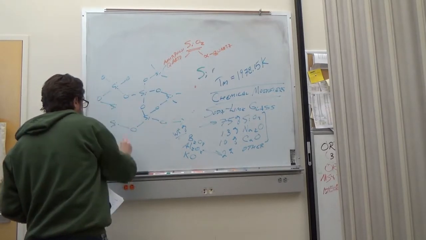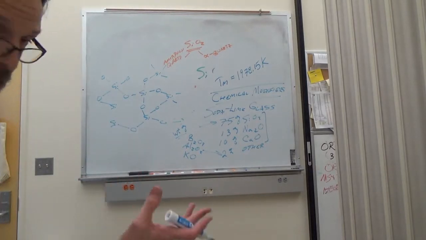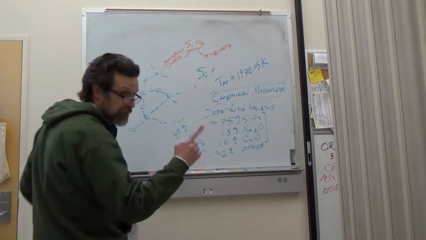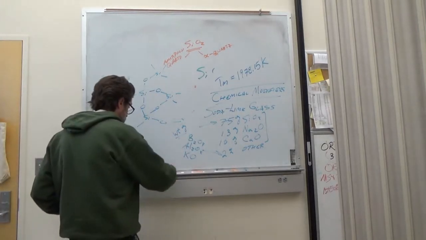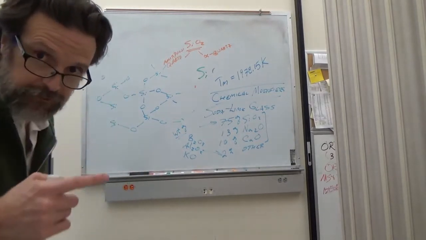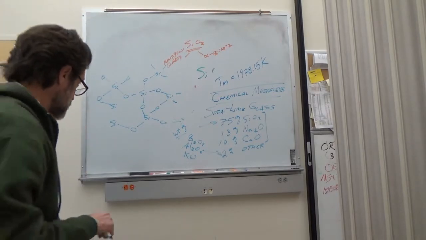What we can have is sodium coming in, and sodium has one valence electron, and the sodium is electropositive compared to oxygen, so it's going to sit where the silicon is.